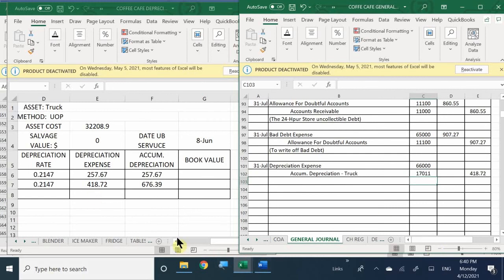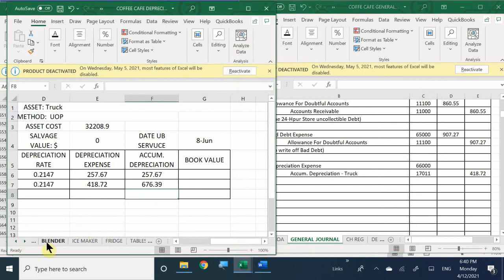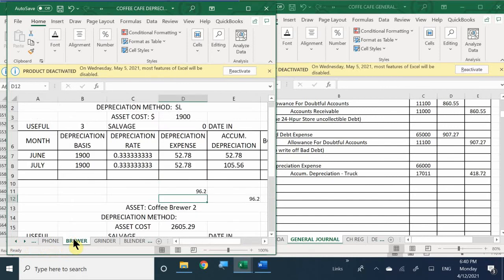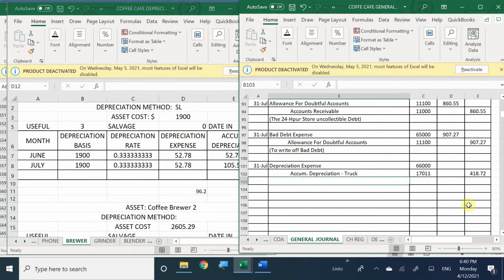So then the next thing that we did was the brewers. Okay, here's my brewers once again. So I'm going to have my accumulated depreciation.